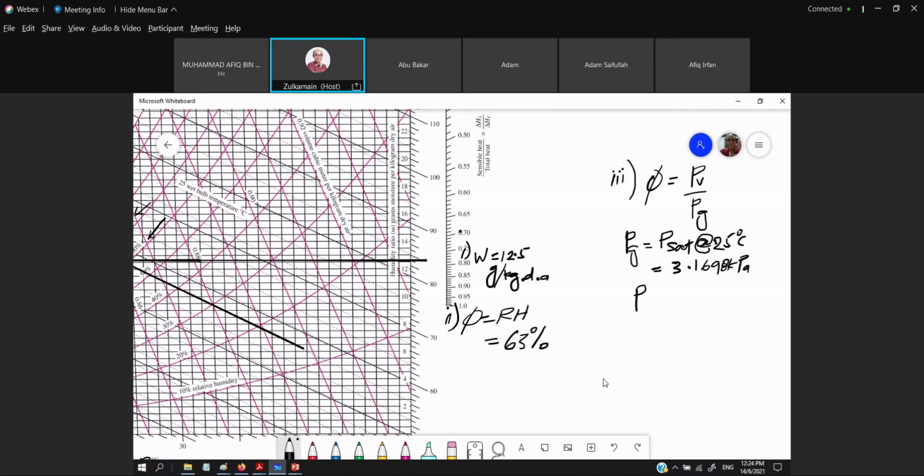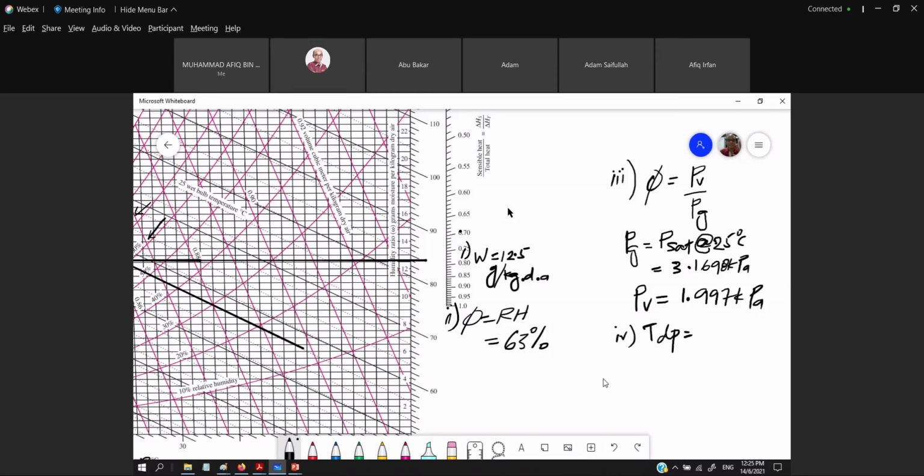So we could solve here. The PV we are going to have is about 1.997 kPa. So that is number 3. And then for number 4, we are going to get the dew point temperature. Number 4, T dew point.